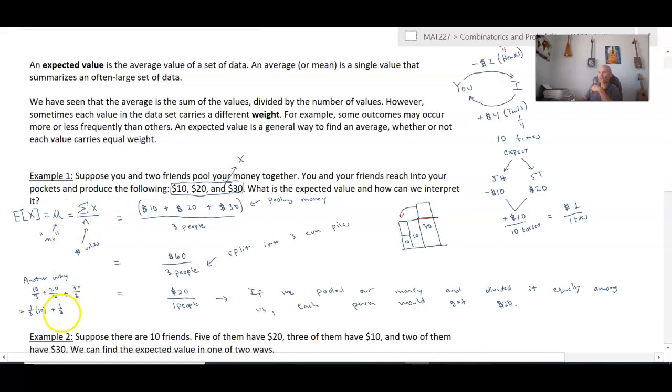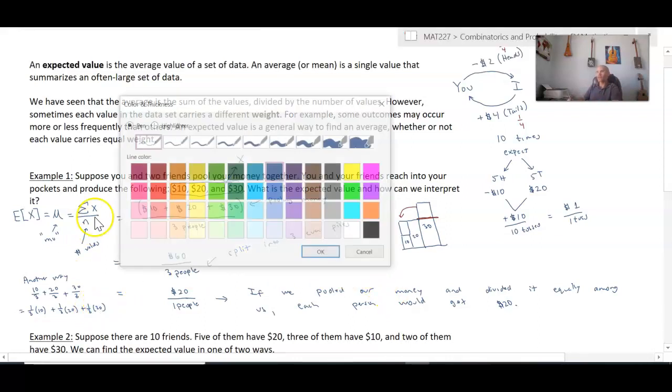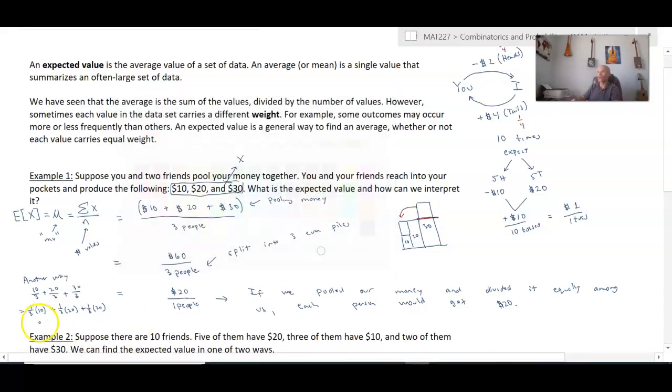Plus 1/3 of 20 plus 1/3 of 30. Now these values that we have here, these 1/3, these are considered to be what we call the weights. And the key here is that they are the same. These are the same weights in this instance because there are 3 people. Each person's input carries the same amount of weight is one way to think about that.